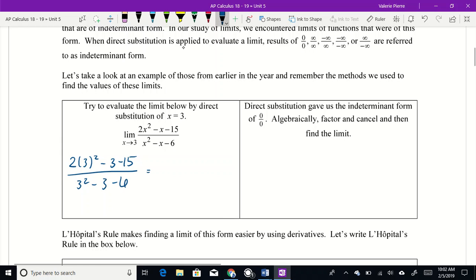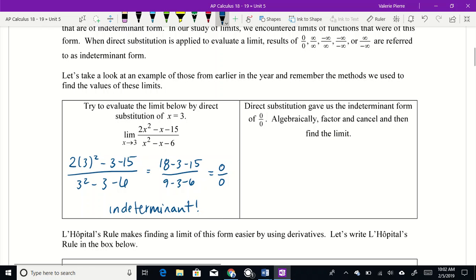It's going to be equal to 18 minus 3 minus 15 over 9 minus 3 minus 6, which is 0 over 0, which is an indeterminate. So direct substitution gave us the indeterminate form 0 over 0.